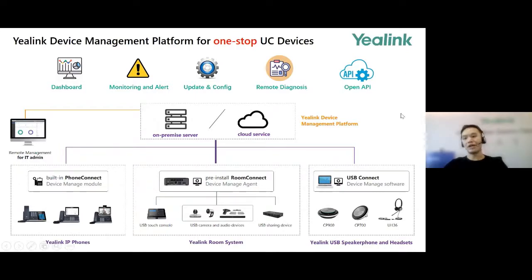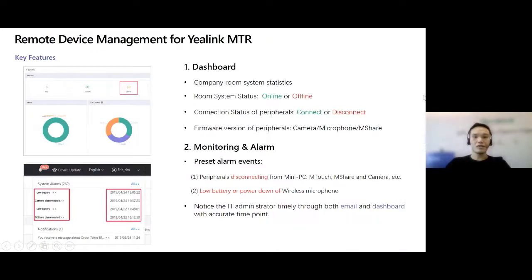Finally, there is the open API, because most enterprise customers already have their own management portal or tools, so we have an open API for customers to make integrations. Those are the main features of the portal. The first is the overview, where customers see all information and the status of the Teams devices.